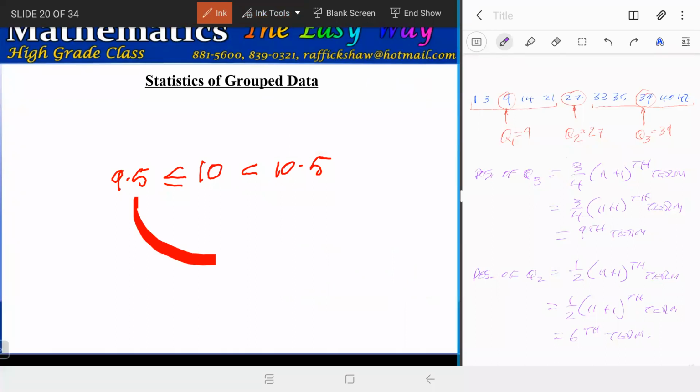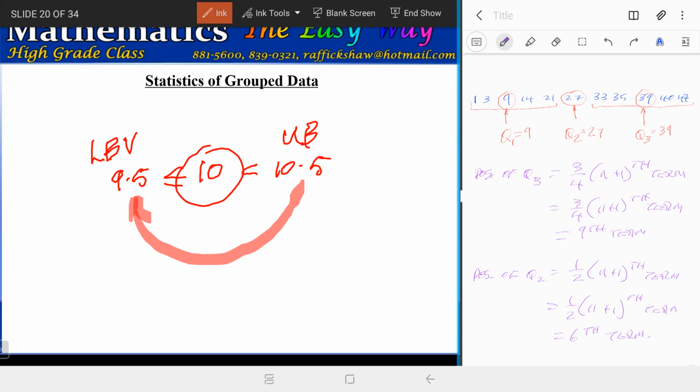Basically, these are the boundary values of 10: 9.5 and 10.5. This one is called the lower boundary value. This one is called the upper boundary value. So every value that you see in statistics has an upper and a lower boundary value.